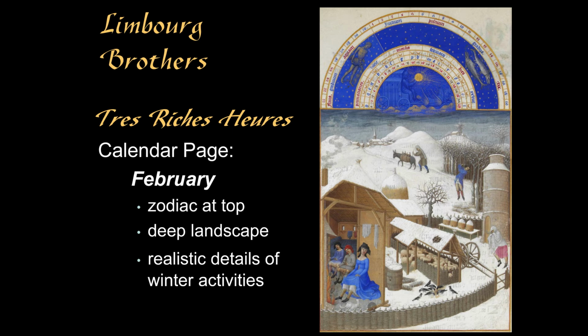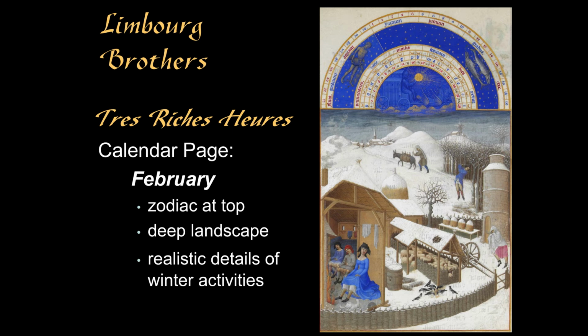They have the privilege of chopping down wood for their fires, or actually even to take in, maybe to sell to that little village up there. And you see a little church in the distance. You can see that they have to go out and work. There's one guy who's out there chopping away, and another person who's sort of shivering in a blanket. But they also can go inside and get warm.